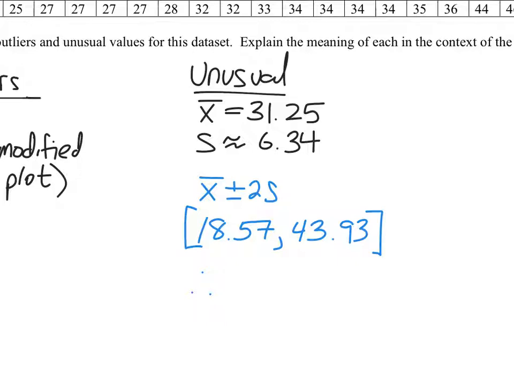So therefore, in terms of unusual values, we have nothing on the low side, right? But on the high side, is it just the 46? No, it's also 44. So 44 and 46 are unusual.